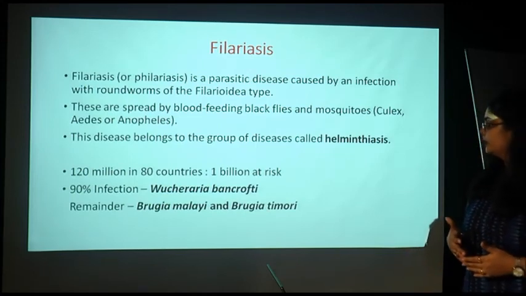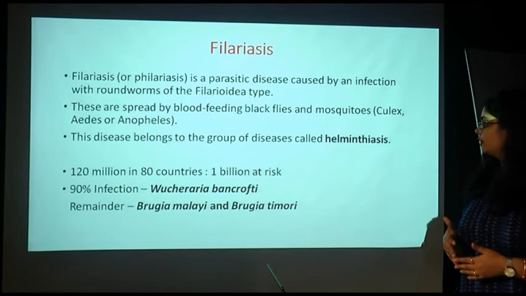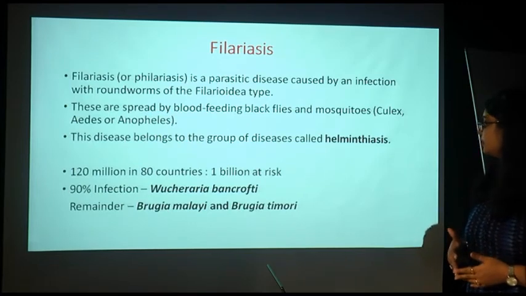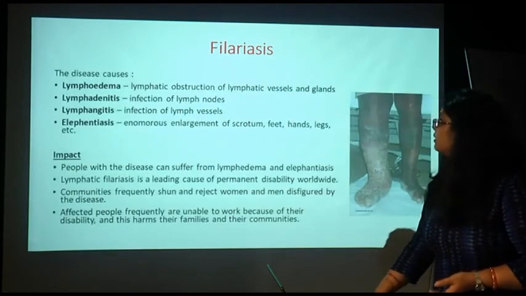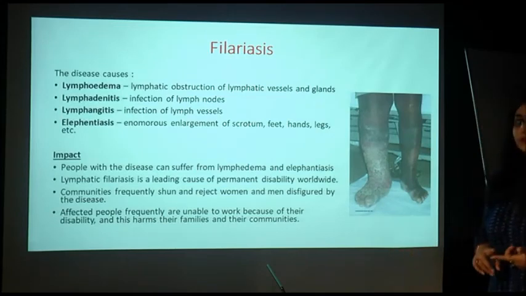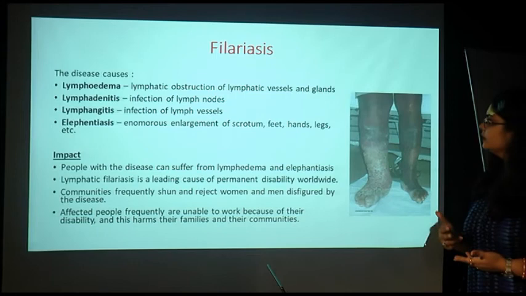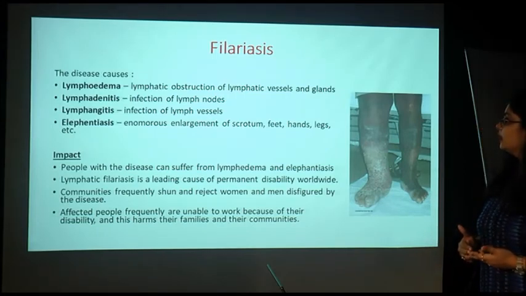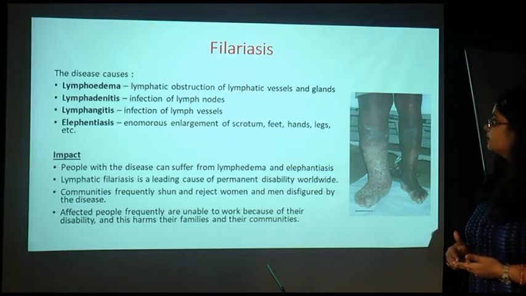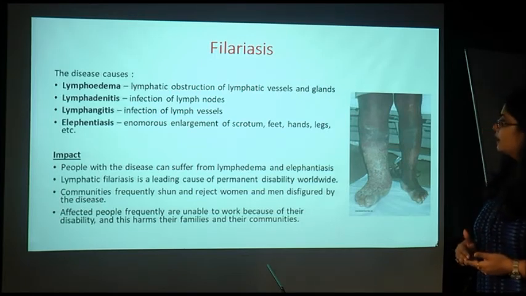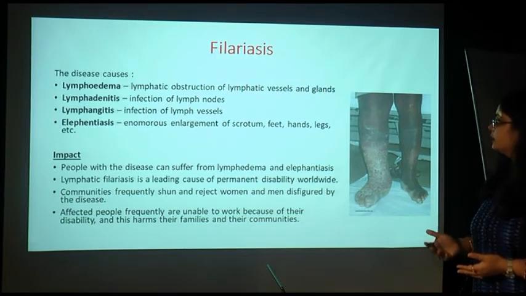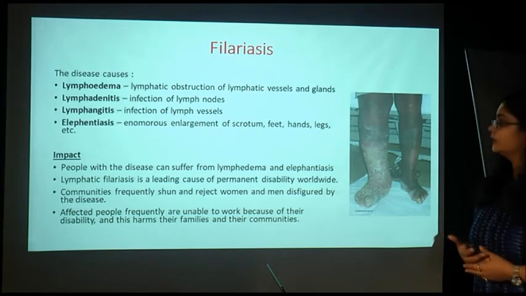The remainder may be caused by Brugia malayi or Brugia timori. The disease causes lymphedema, which is swelling due to lymph fluid, then lymphadenitis, which is infection of lymph glands, lymphangitis, which is infection of lymph vessels, and elephantiasis, which is enormous enlargement of the scrotum, feet, hands or legs.